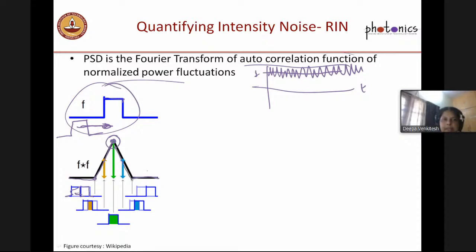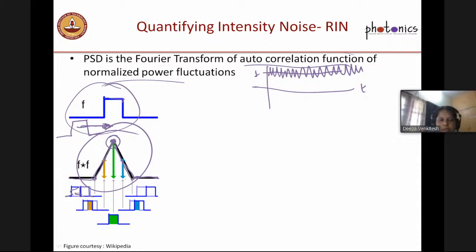The power spectral density of these fluctuations is actually the Fourier transform of this autocorrelation, which means that if this autocorrelation is narrow, the Fourier transform of this is going to be very wide. Now you can take a guess. If my laser is fluctuating, having very fast fluctuations, which means that there are a lot of frequency contents in the fluctuation, would my autocorrelation be narrow or wide?